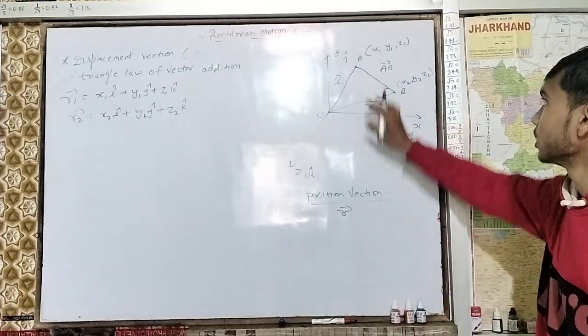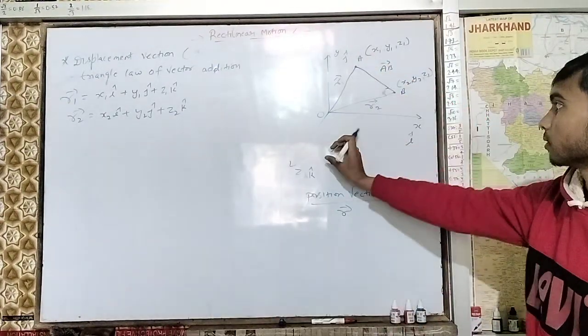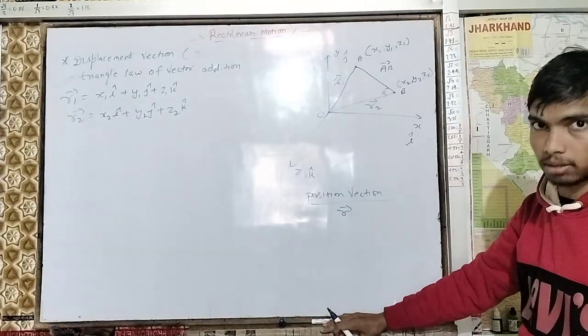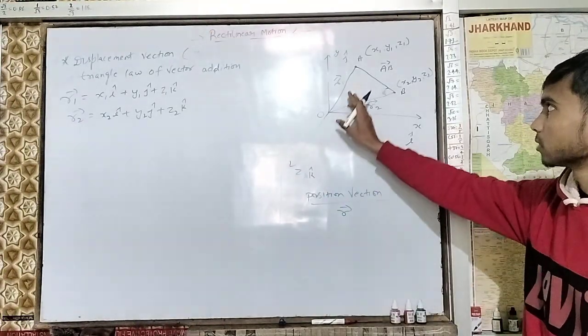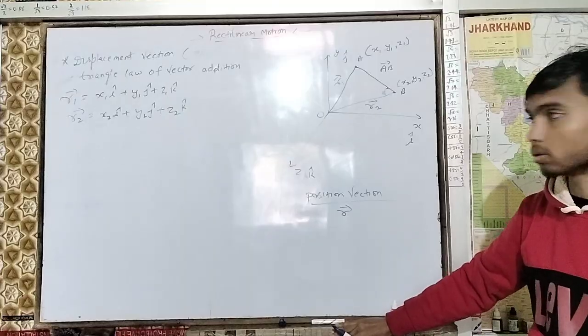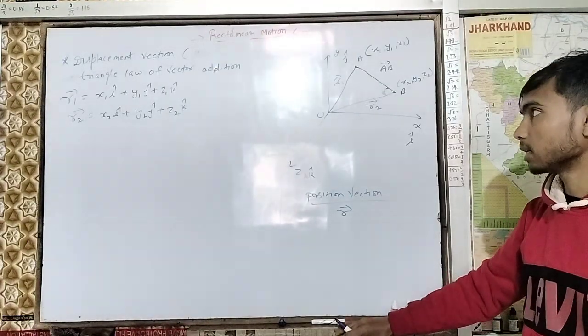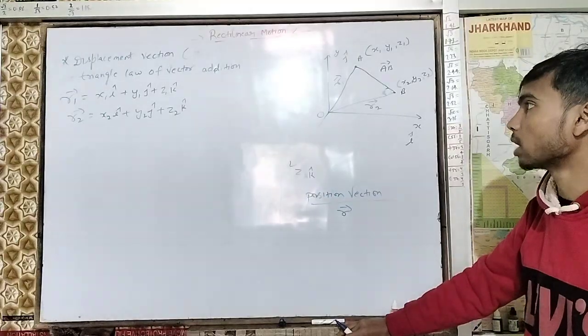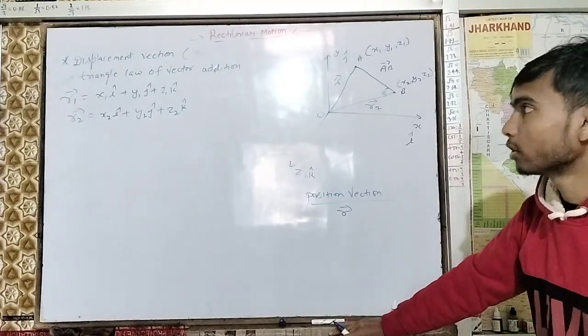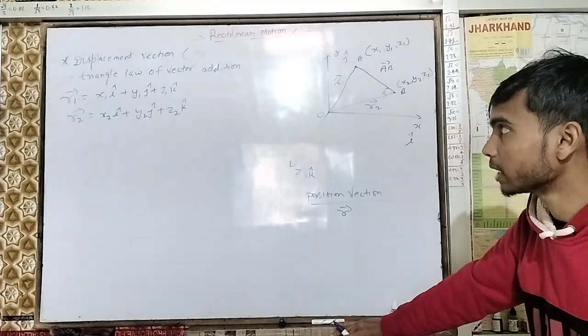Remember, here we took these two axes. We didn't take the third axis. It doesn't mean we can't take a third axis. We can take it also, but right now we just took two axes, two dimensions. Finally, we wrote two position vectors R1, R2.